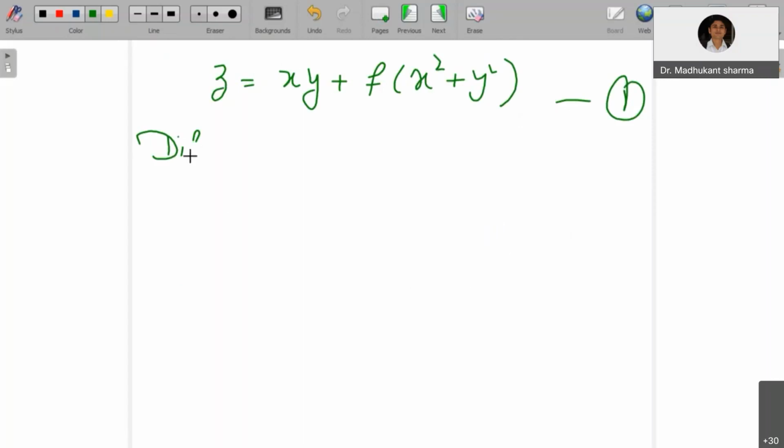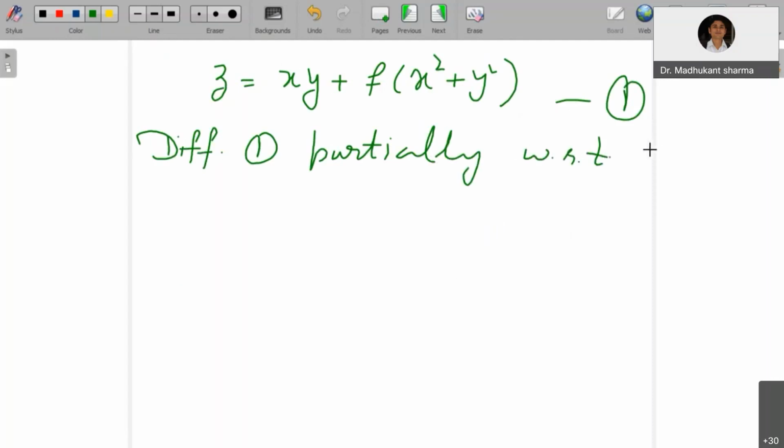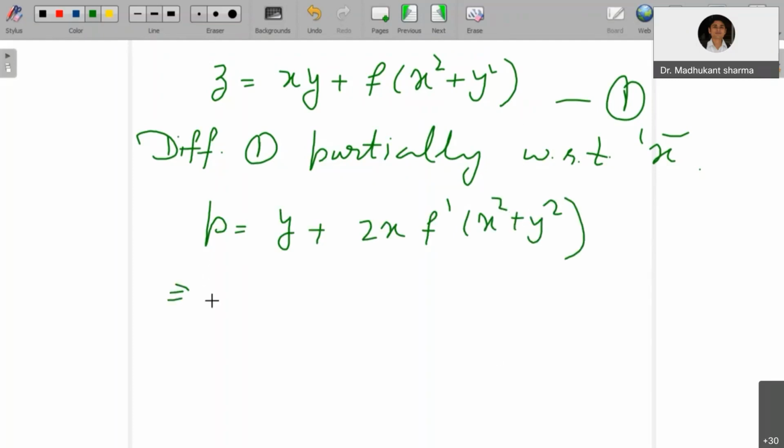Now differentiating 1 partially with respect to x, what we get is zx, that is p, equals y plus 2x times f dash of x square plus y square. So this implies f dash of x square plus y square is equal to p minus y by 2x.